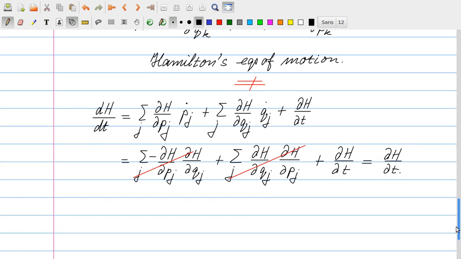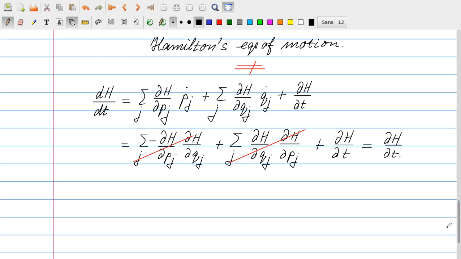So in principle the Hamiltonian is constant in time unless there is an explicit time dependence, and the explicit time dependence can only be due to an external force which we apply to the system, and that external force should also be time dependent.